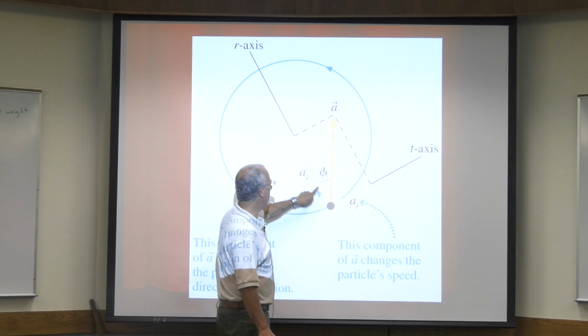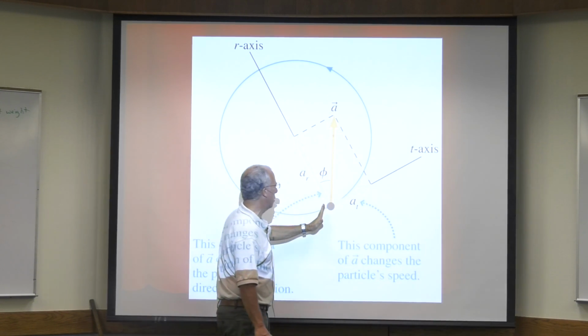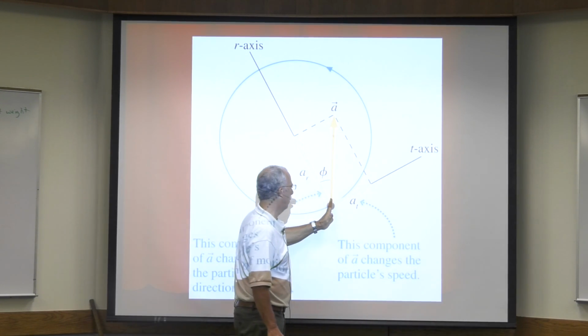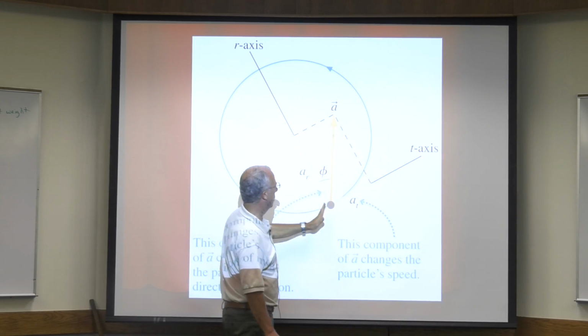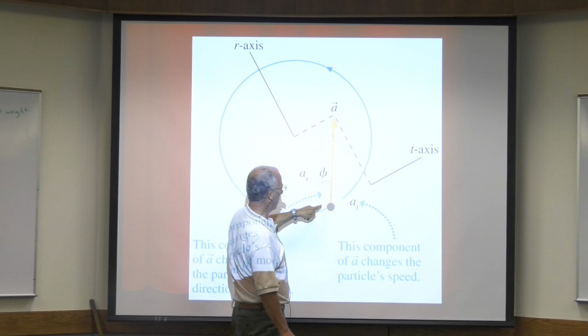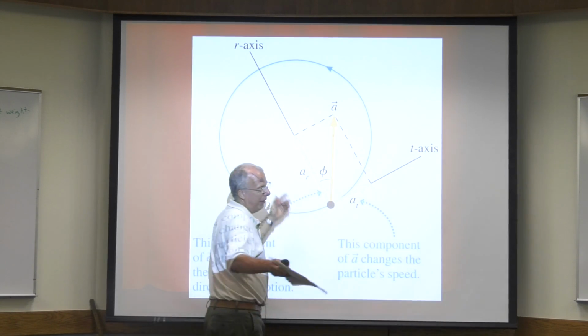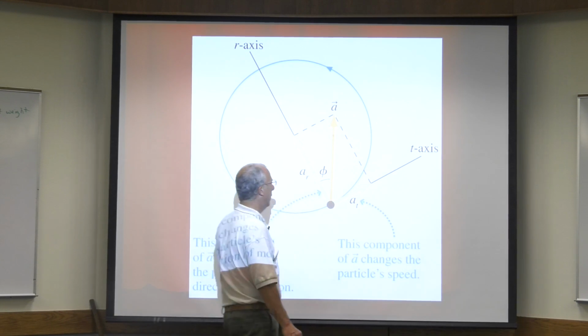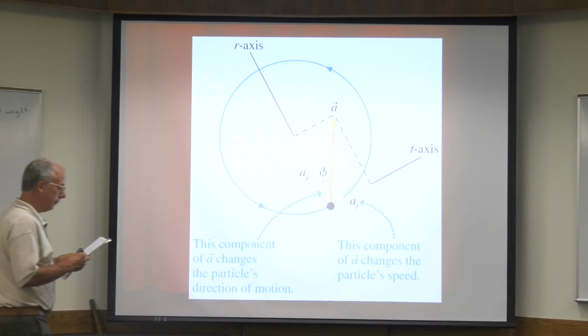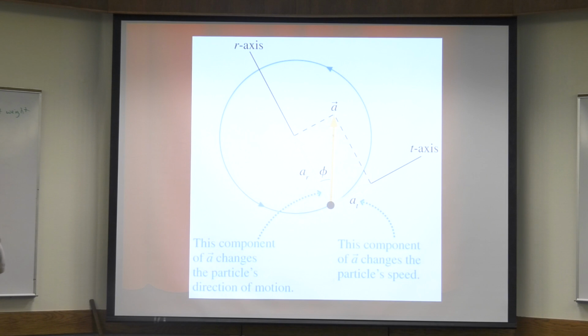Right? So if there's an a sub r here and an a sub t there, you can say there's a resultant a or a total a or whatever you want to call it there, right? Because the total a equals this a plus that a. And you notice that they added the vectors with a parallelogram method because it's easy to do that. And what would be the equation for the total acceleration?